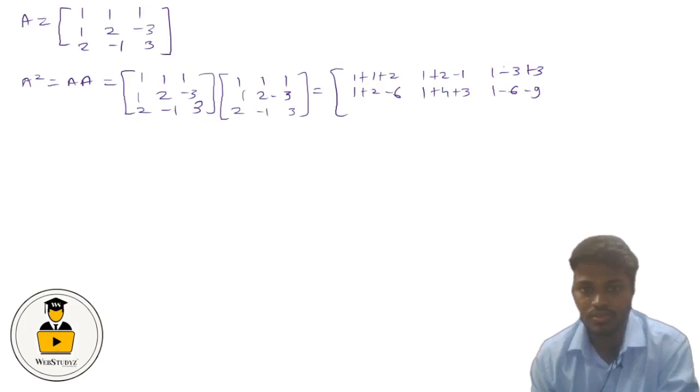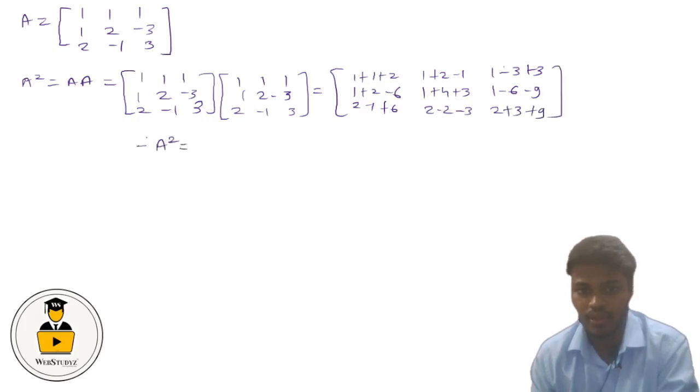The third row: 2 minus 1 plus 6, then 2 minus 2 minus 3, then 2 minus 2 plus 3 plus 9.